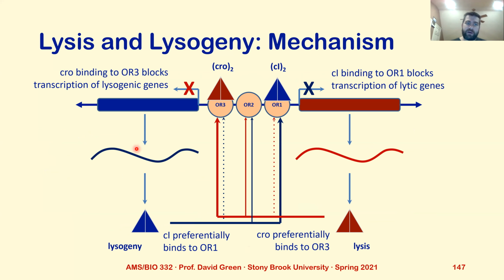Summarized here, the lysogenic pathway includes expression of CI. CI preferentially binds to OR1. When it does this, it blocks CRO and the lytic genes. When the lytic genes are expressed, one of these is CRO. CRO preferentially binds to OR3 and blocks the lysogenic genes.